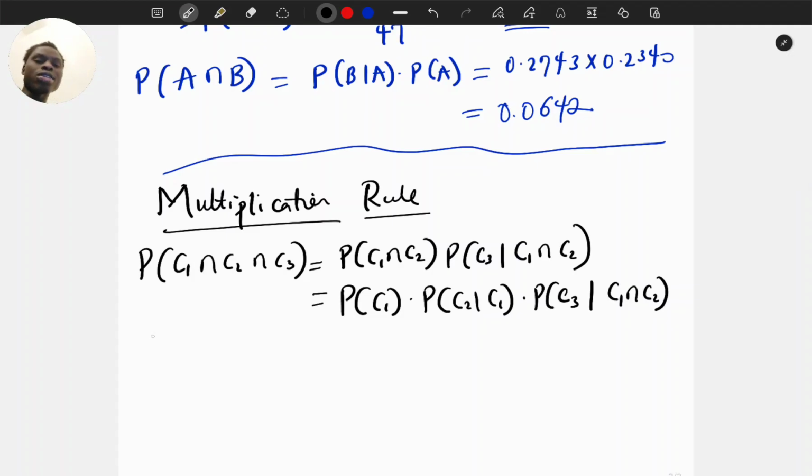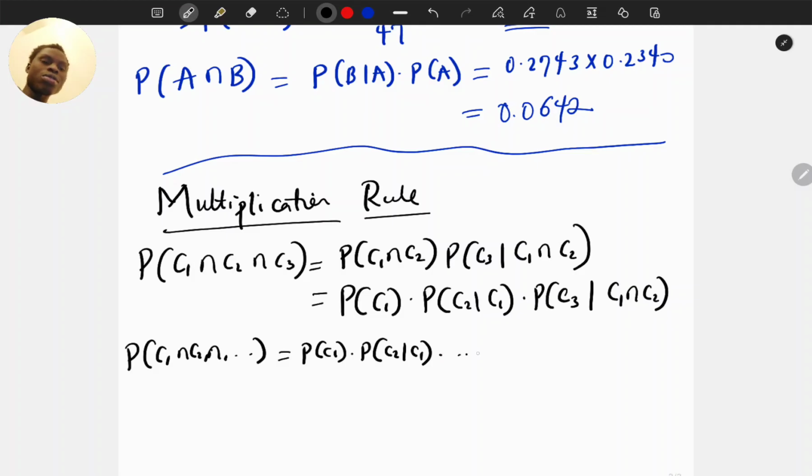So for n events, the probability of C1 intersection C2 intersection dot dot dot intersection Ck is the probability of C1 times the probability of C2 given C1, dot dot dot, times the probability of Ck given C1 intersection dot dot dot intersection Ck minus 1.